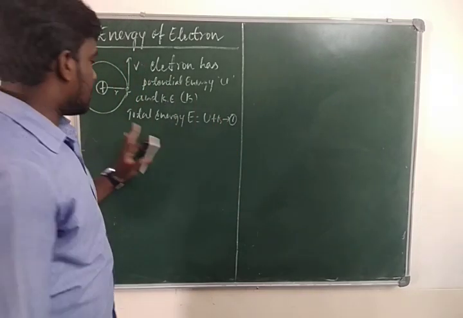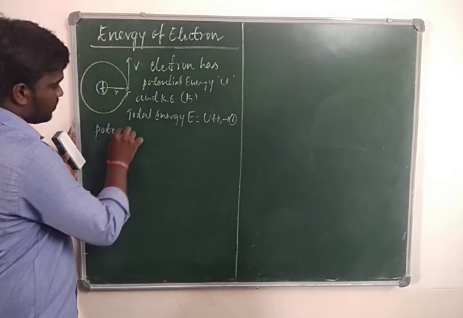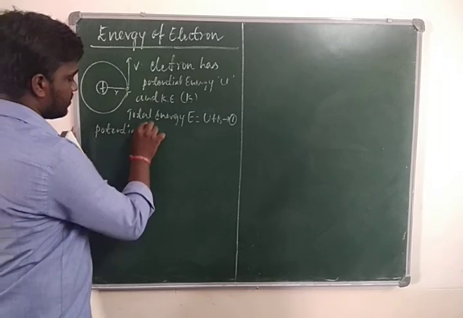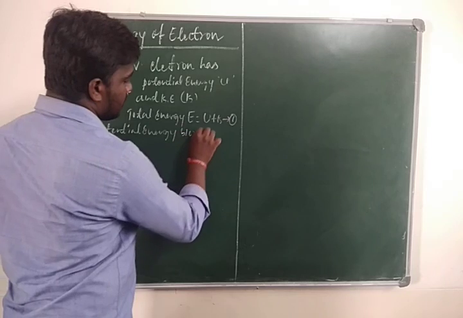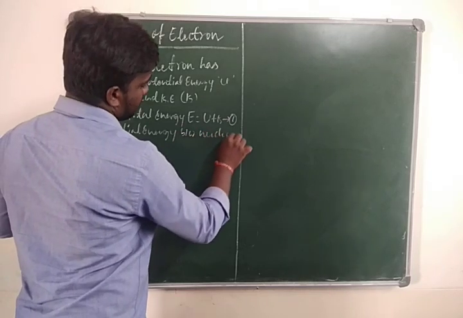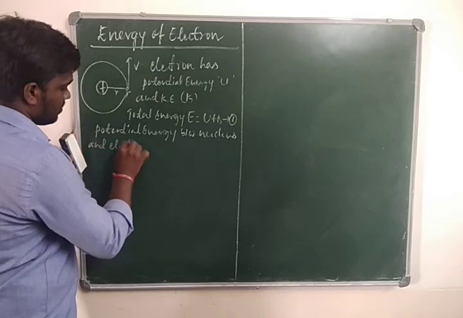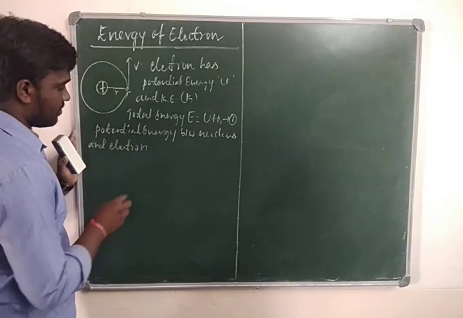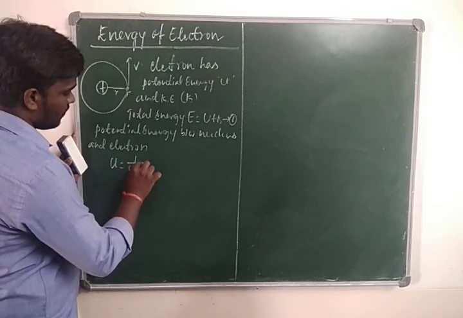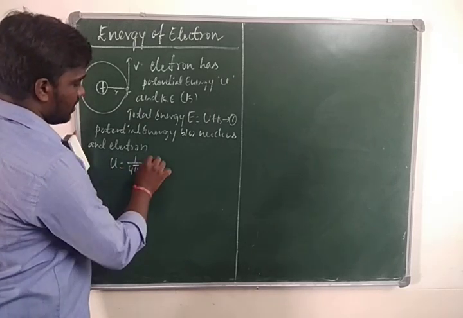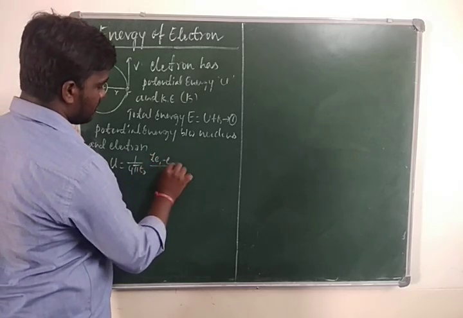Now the potential energy between the nucleus and electron, U is equal to 1 by 4 pi epsilon naught Ze into minus e by r.